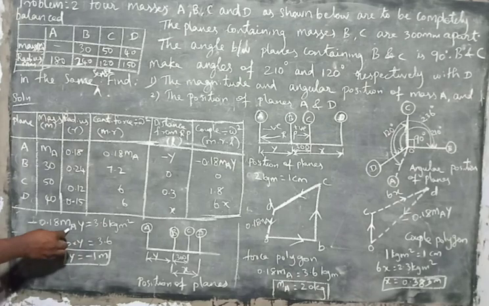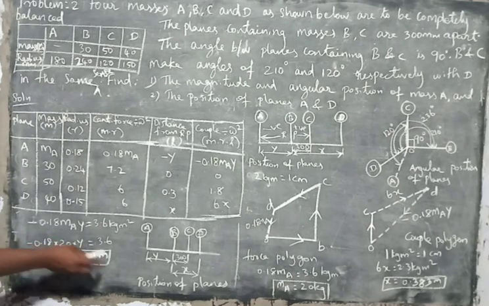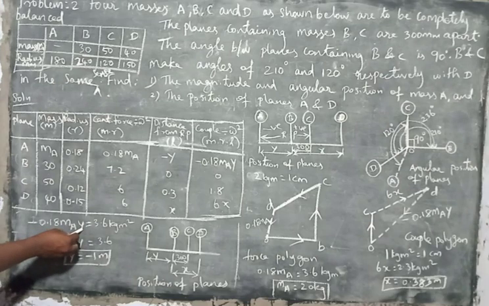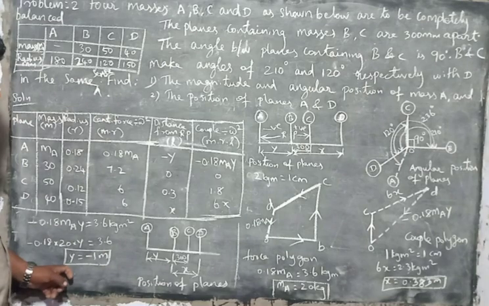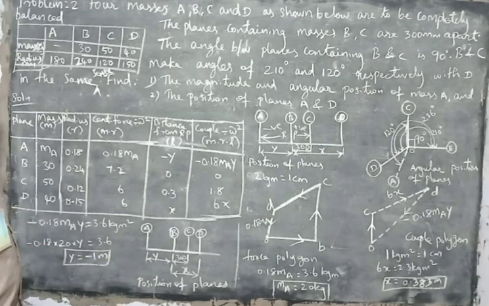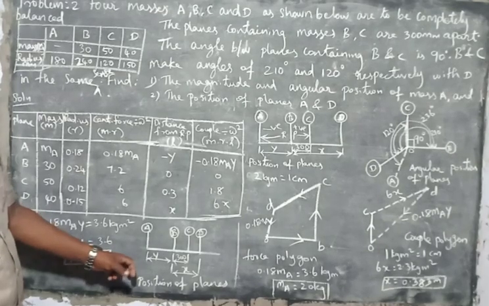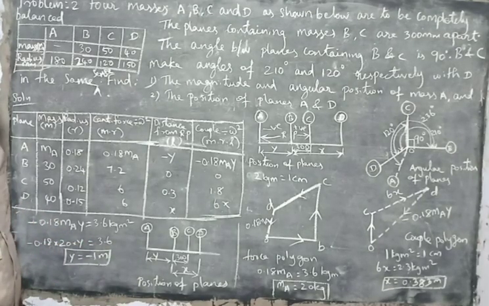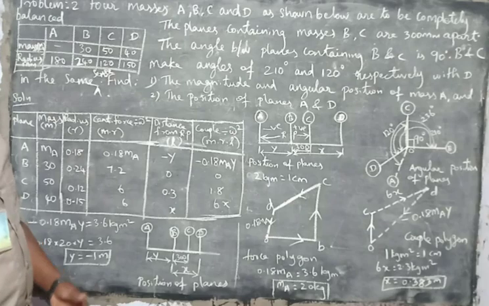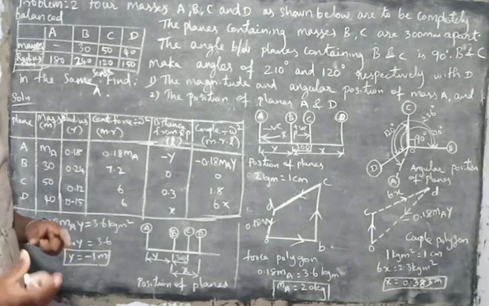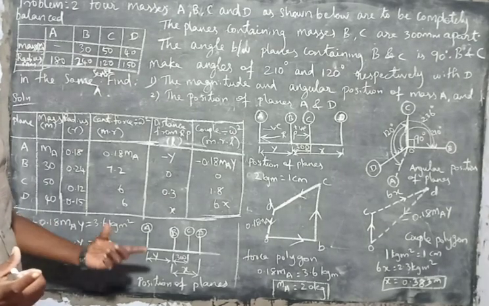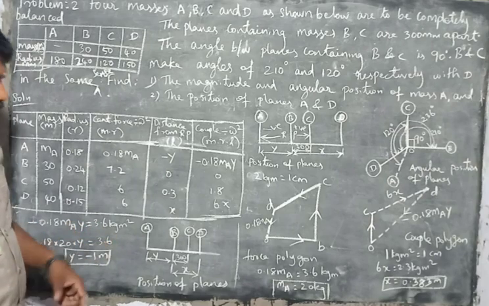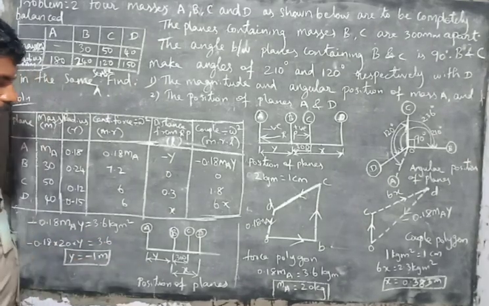Here we can substitute the value of M A, which we already found, and find the value of y. The value will be minus 1 meter. After that, we need to draw the position of plane diagram again, based on the space diagram values.